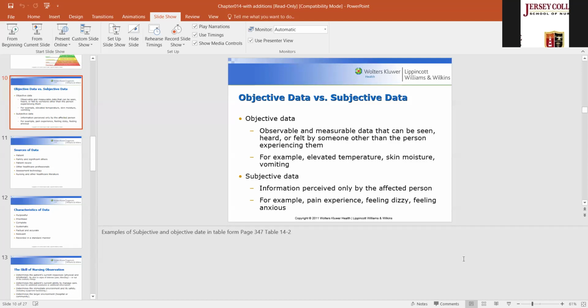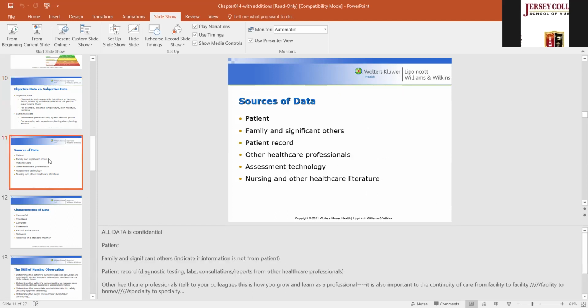So things for us that are objective are X-ray results, an elevated temperature, moisture on the skin that we can physically see. We see the patient vomiting. Subjective: pain experience, even if they rate it. Dizziness, anxiousness, those kind of things. Shortness of breath, okay? You can only hear about it. You can't physically see it.